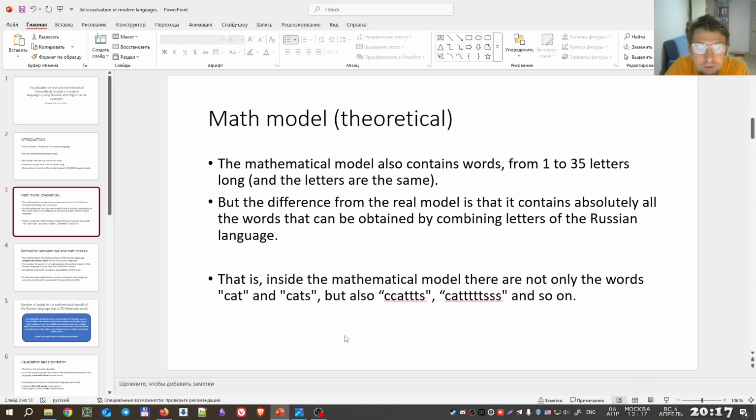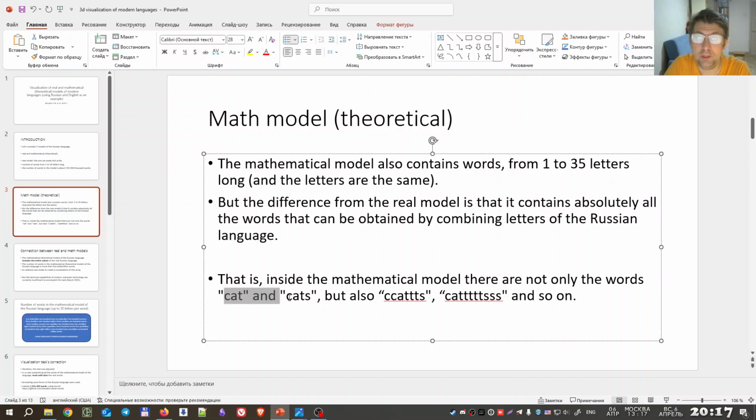You can see here, in this theoretical model there is going to be not only cat and cats, but also kkkksh, any kind of words, existing and imaginary words. It could be obtained by combining all the letters in the Russian language.